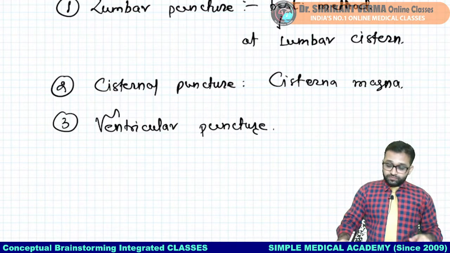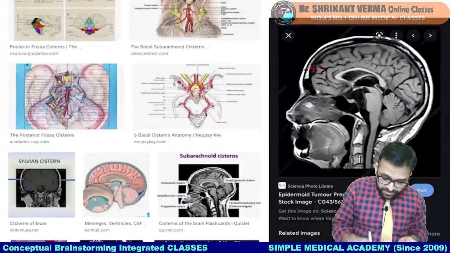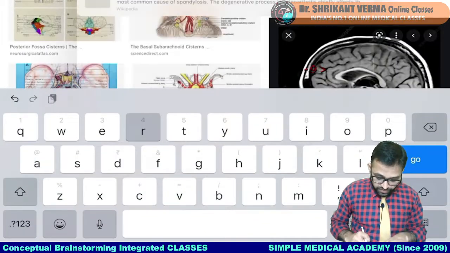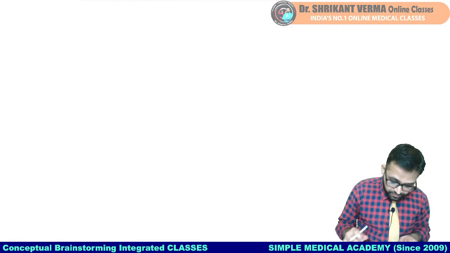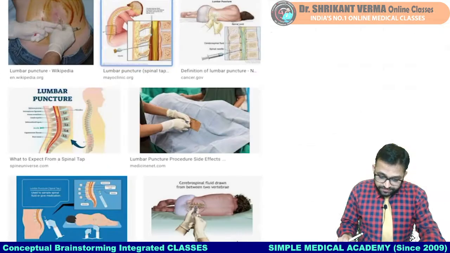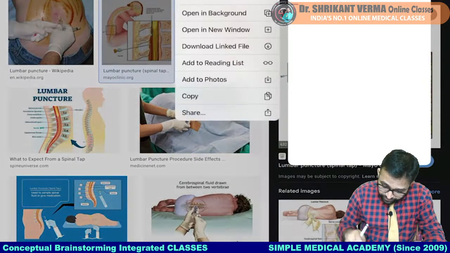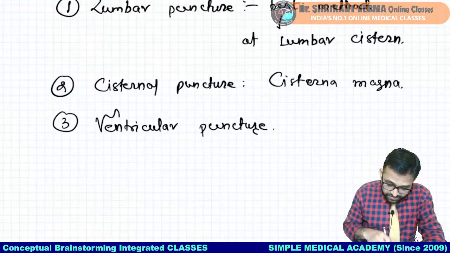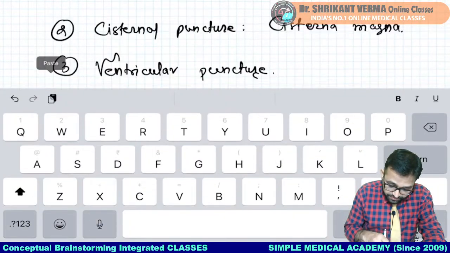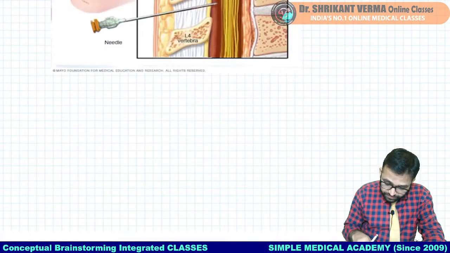Fine. So just a few images for our lumbar puncture. In detail I will tell you later. This is the method of the lumbar puncture. Fine.